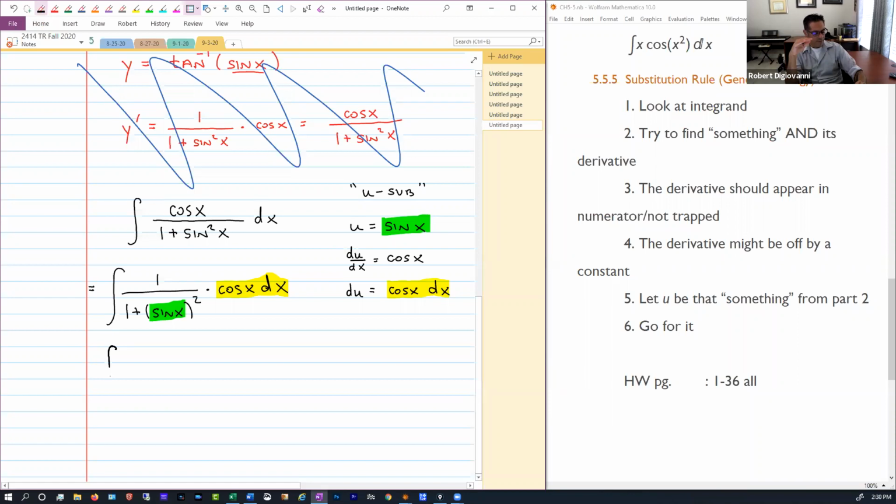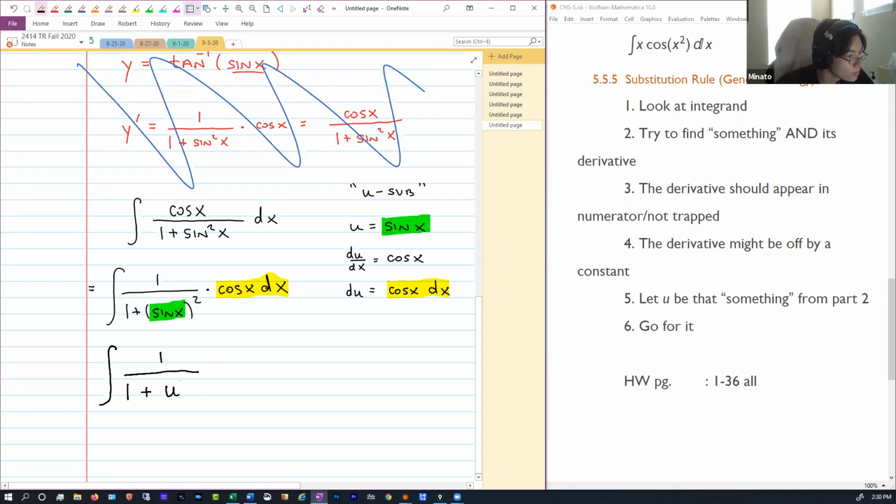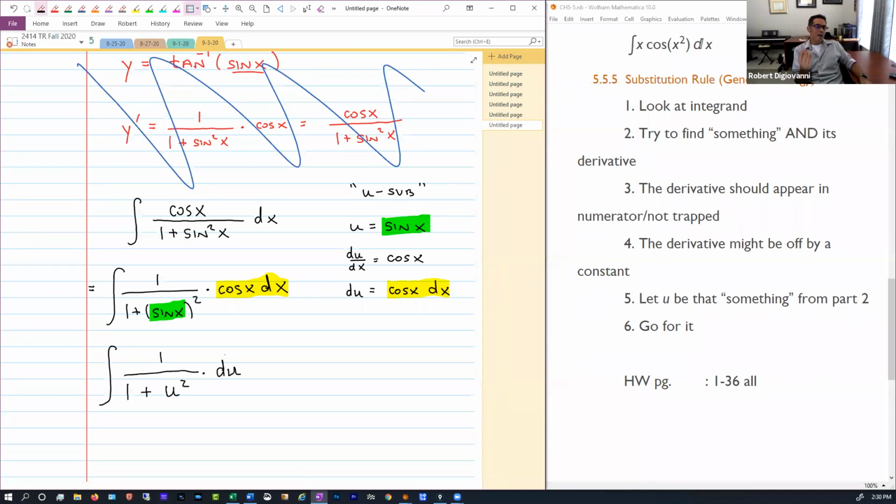So I'm going to rewrite the whole problem. I'm going to get rid of things and replace them with things that have u's in them, thus making a u substitution. This will become 1 over 1 plus u squared times cosine x dx, which is just du. Now do you see we have transformed this integral that used to be in terms of x into an integral that's in terms of u? Do you know the antiderivative of 1 over 1 plus u squared?